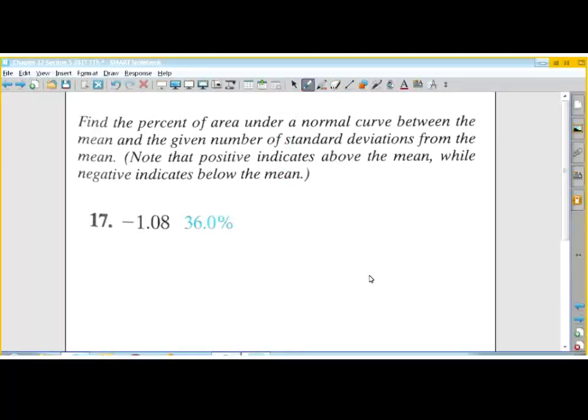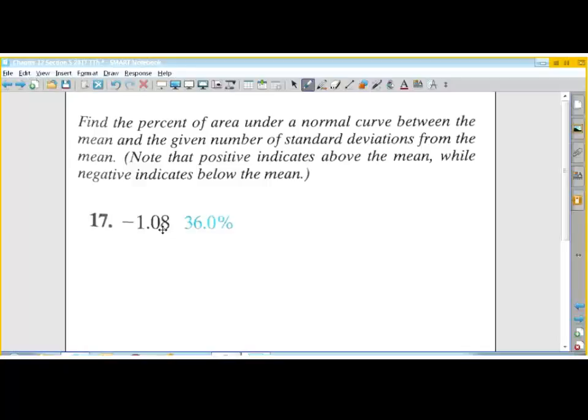Okay, you've got a couple of problems where they just give you the z-score. It says find the percent area under the normal curve between the mean and the given number of standard deviations from the mean. So when they say 1.08 standard deviations, that means that's the z-score. A z-score of -1 means 1 standard deviation less than the mean.